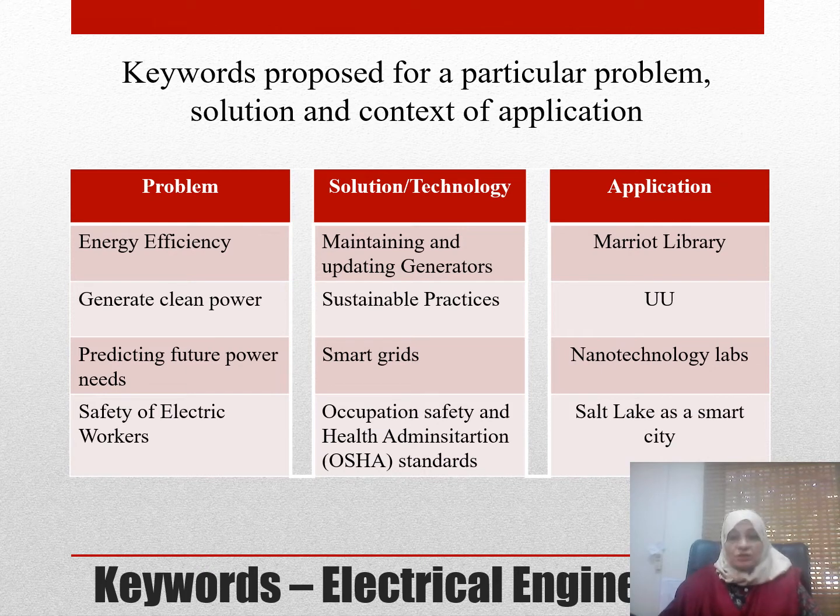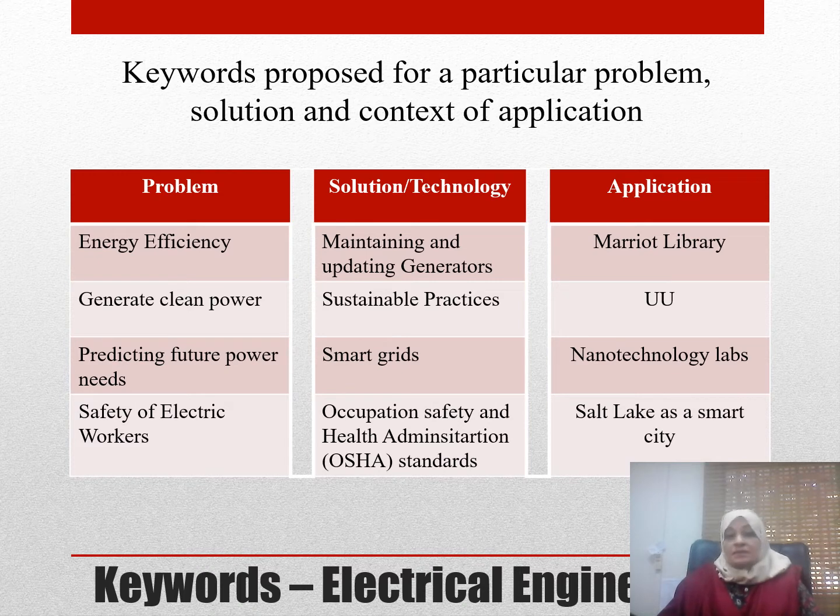So your keyword search must also have this context of application. Where would you like to apply your future invention? Maybe you are trying to solve the issue of energy efficiency at Merritt Library at University of Utah. Maybe you are trying to generate clean power through sustainable practices at University of Utah.